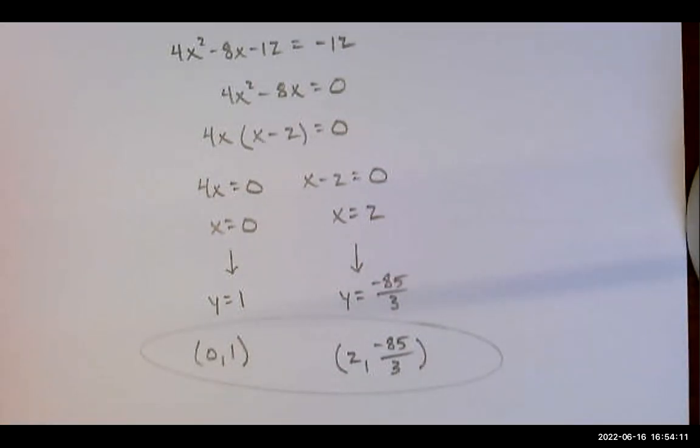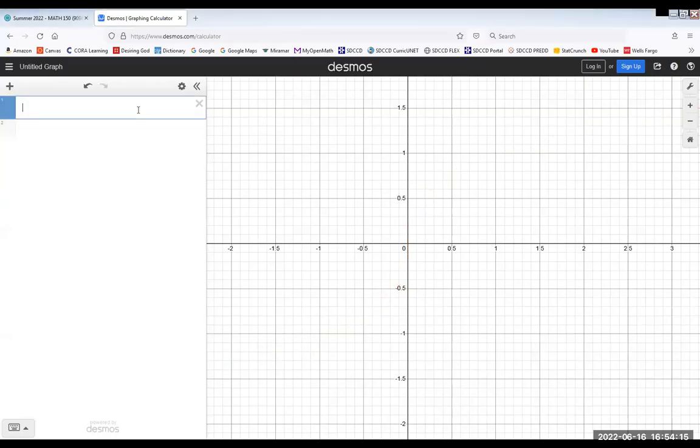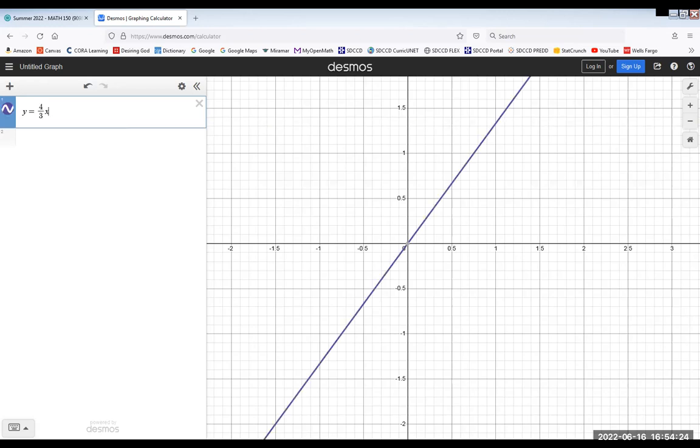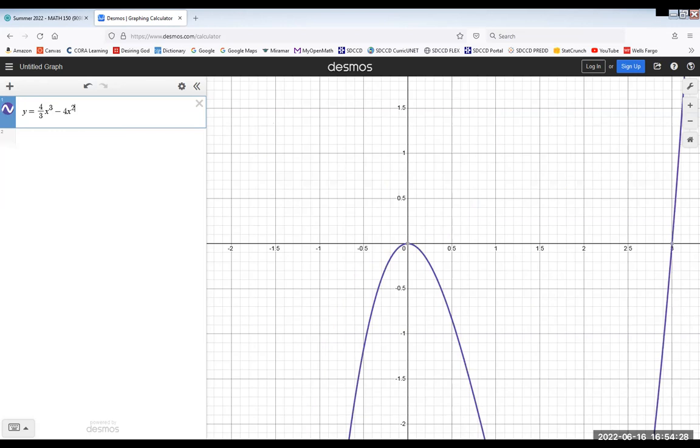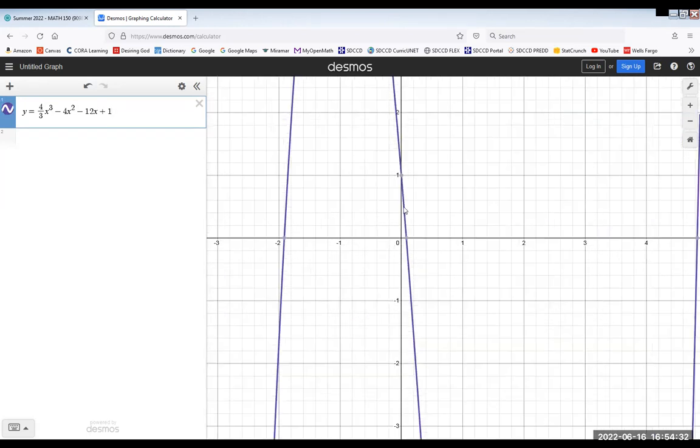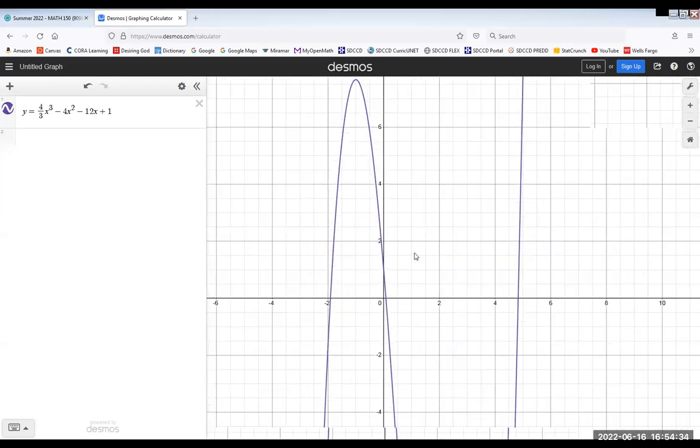Okay, we gotta graph this. Let's see. So we're looking at y equals 4/3 x to the third minus 4x squared minus 12x plus 1.